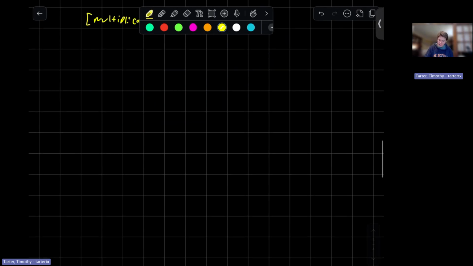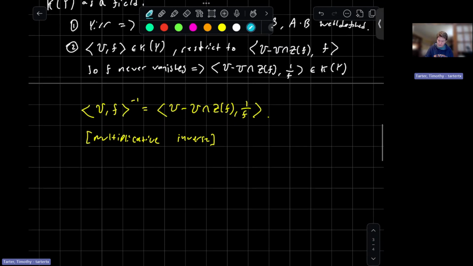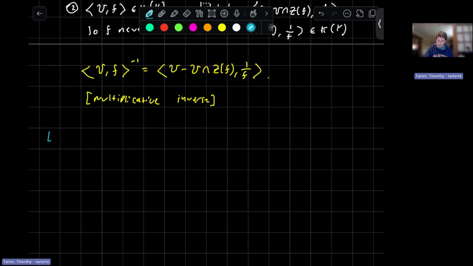And then by restricting, this is kind of like a lemma.